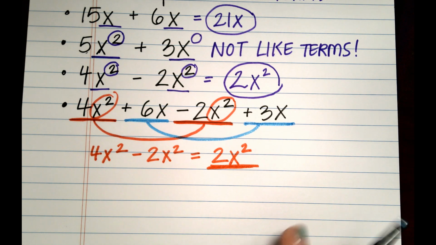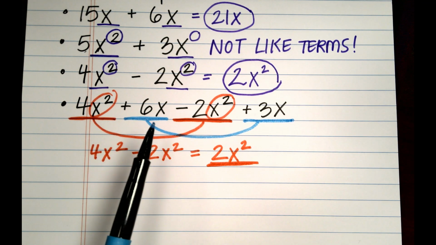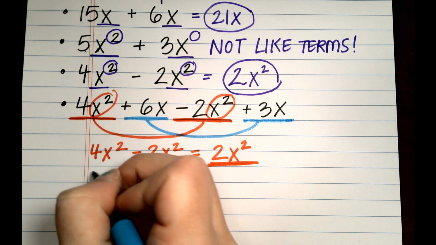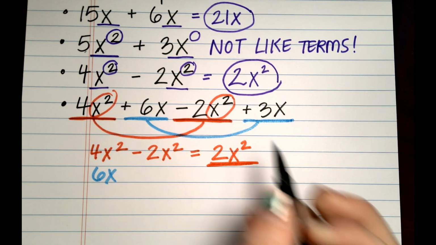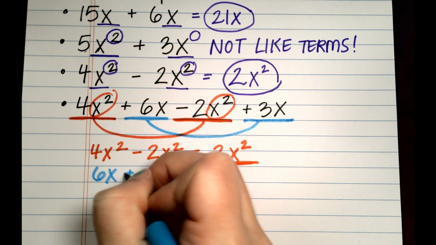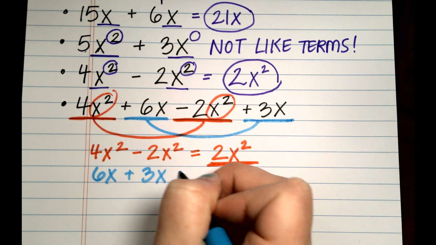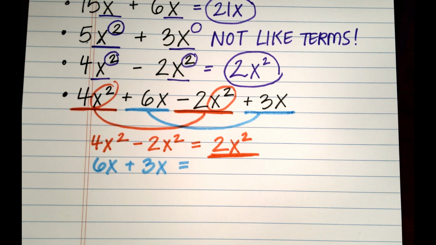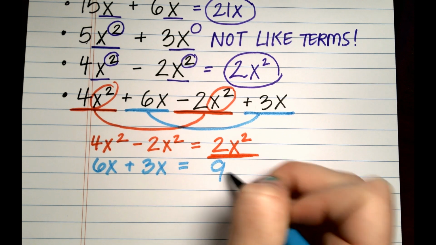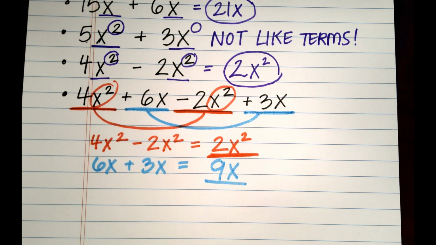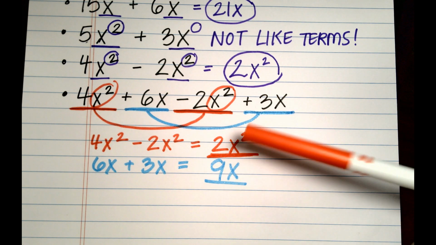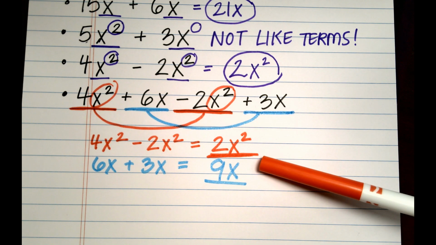And what do I have left to do? Good, the 6x and the 3x. What is 6x plus 3x? 9x. So now we have 2x squared and 9x.